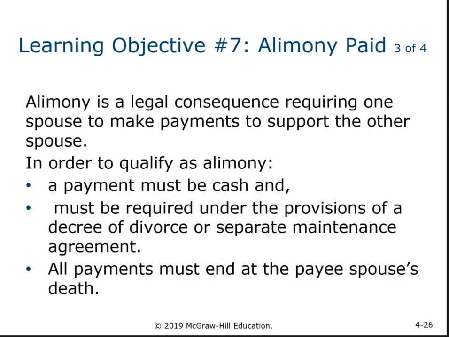The one receiving it, when they die, it has to end because it has to be support of them, regardless of the age of the children, regardless of whether there is a mortgage on the house or any of those types of things. It has to end with the receiving ex-spouse's death. That's what makes it alimony. Okay?